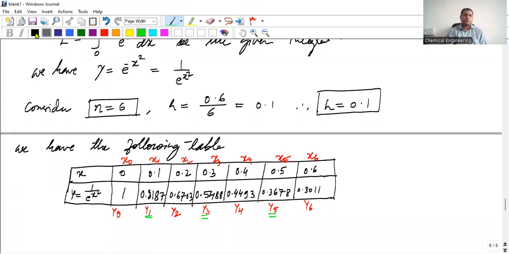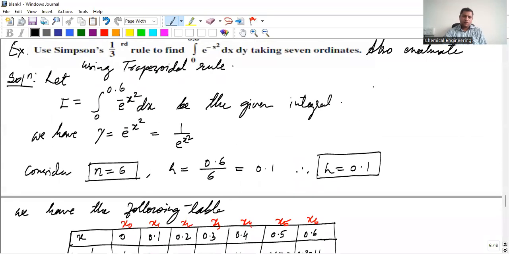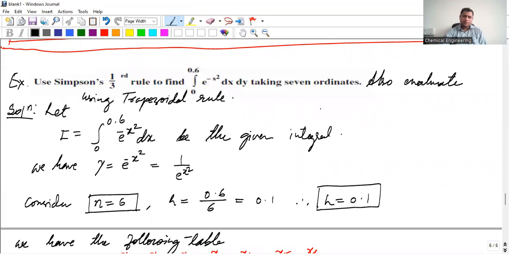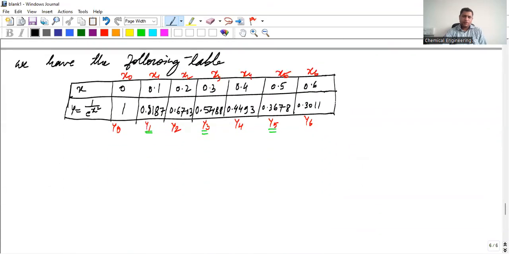Now we have to find this integral using Simpson's one-third rule and trapezoidal rule. So first we'll go with the trapezoidal rule.